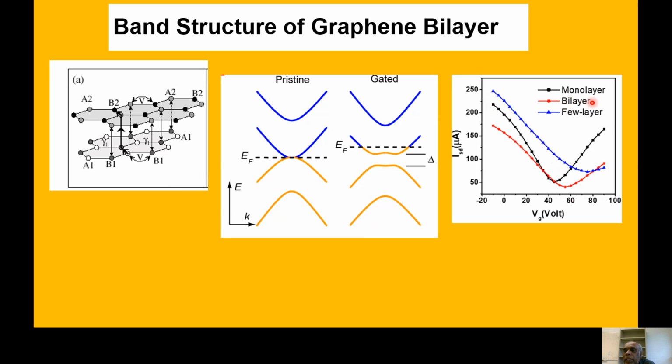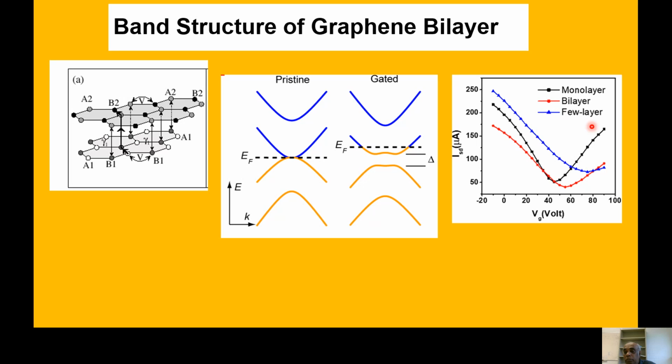But if I take a bilayer, two of them, that shows actually more p-type, right? Because it's opening up a gap due to the gate voltage. So initially it has more ambipolar behavior, but it opens up a gap, and because of that it shows more p-type behavior.